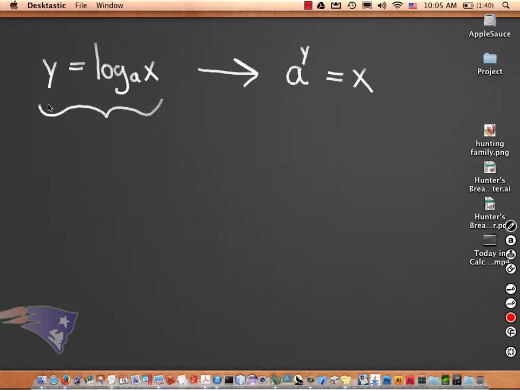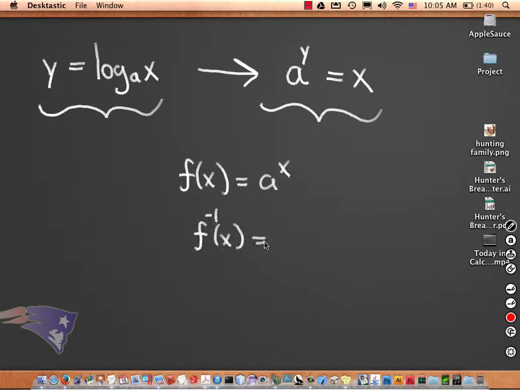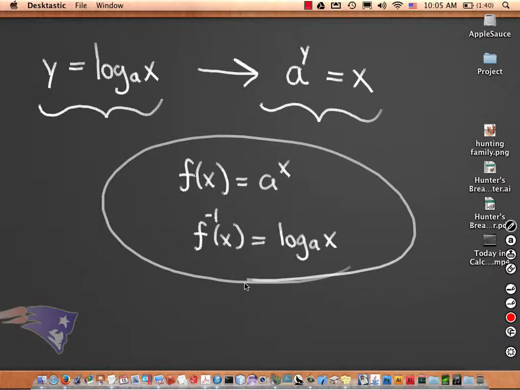All right. What form is this called again? Logarithm. And what form is this called again? Exponential. The logarithm is the inverse of the exponential. They're inverses of each other. So if I have f of x equals a to the x, then the inverse function is equal to the logarithm base a of x. They're inverses of each other.